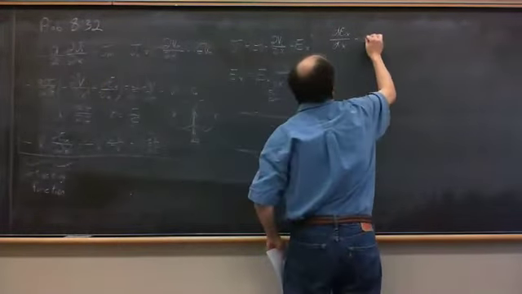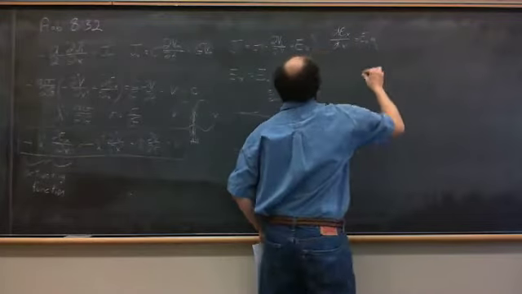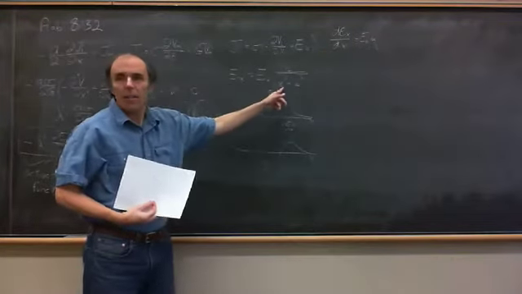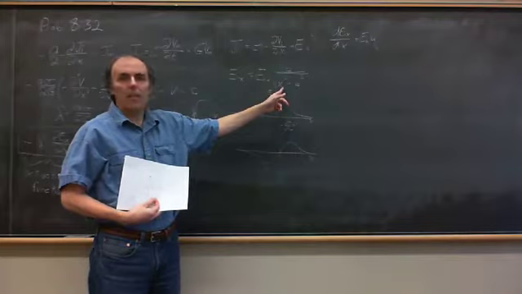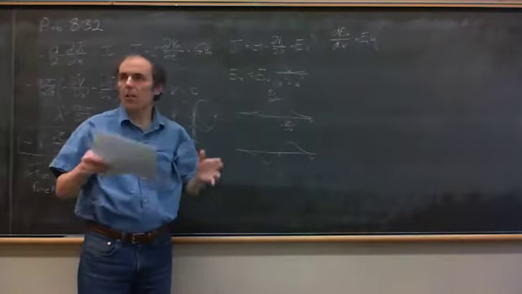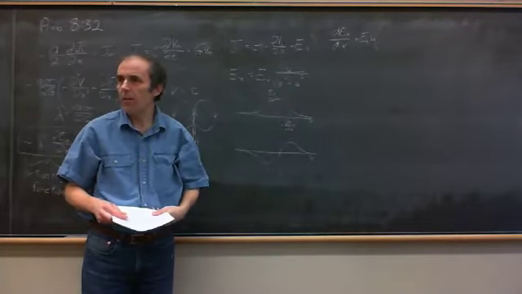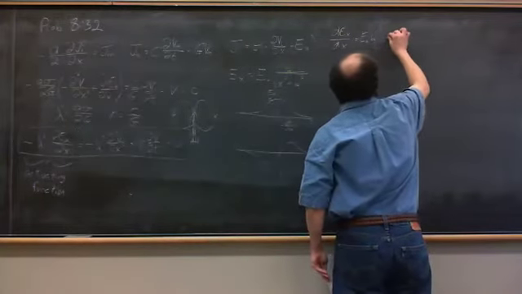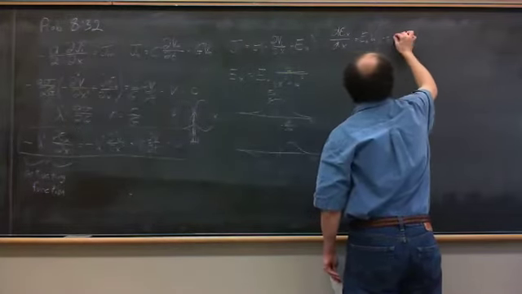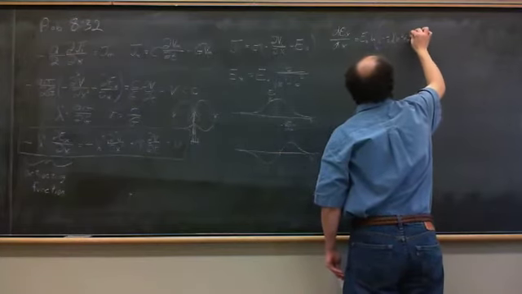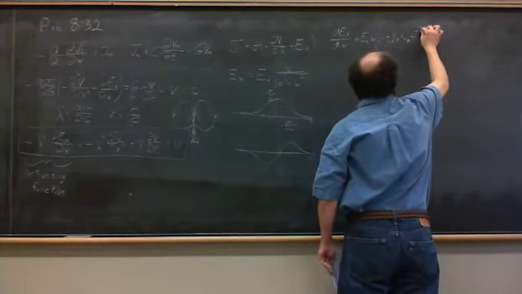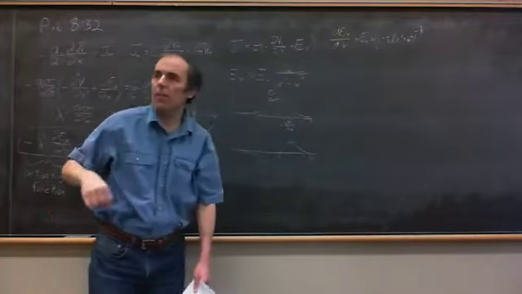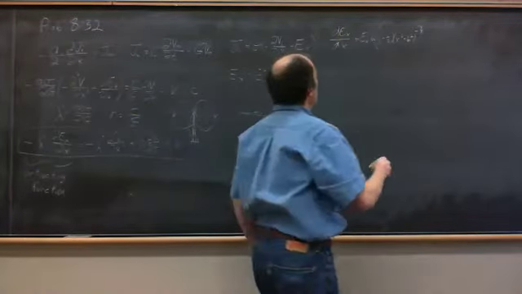You have an E0 and a b, and then you have this thing. It's the only thing that depends on x: x squared plus b squared all to the minus a half. So the derivative would be minus a half, x squared plus b squared to the minus 3 halves, times the derivative of the inside by the chain rule, 2x.